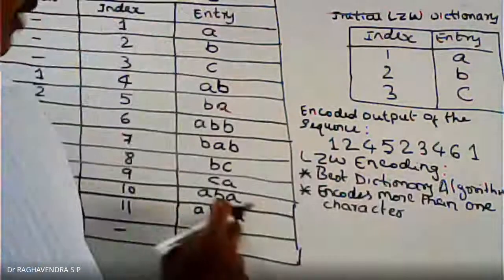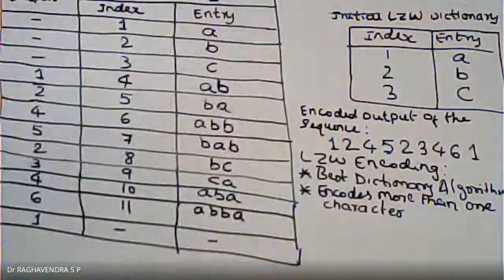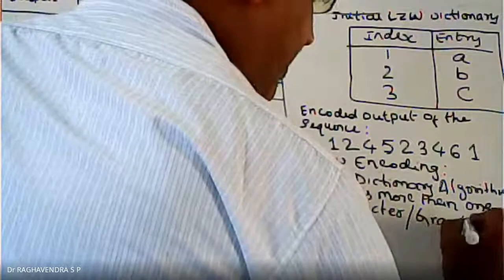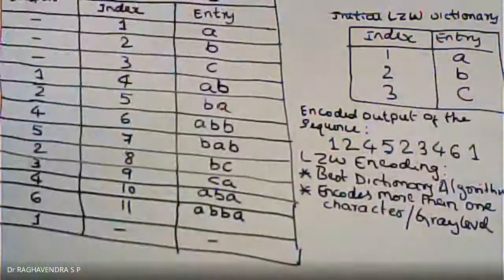So we have more than one character everywhere, so LZW coding can be used. More than one character means it may be a character, or a gray level image. So this is all about the LZW encoding mechanism.